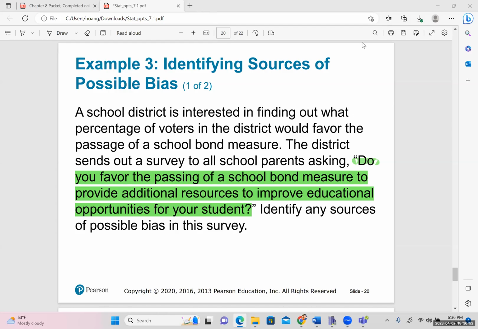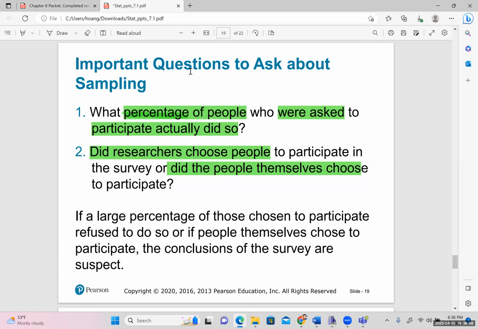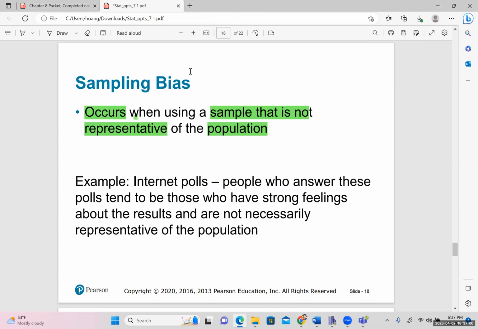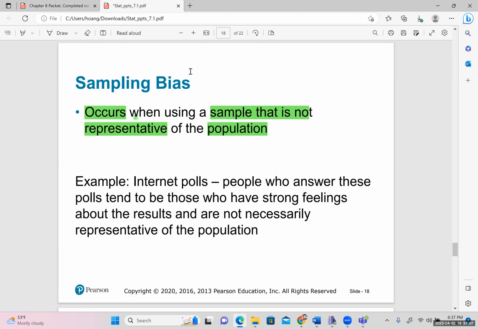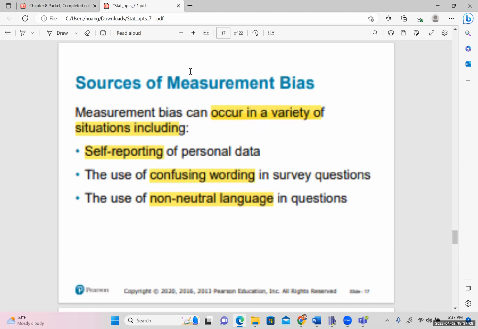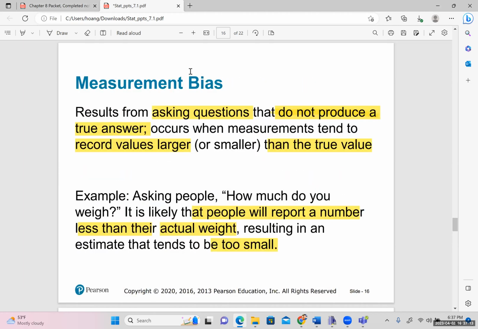Before making a conclusion, you can go ahead and come back. There's sampling bias here, right? When it occurs using a sample not representative of the population, or you can look at measurement bias, right?